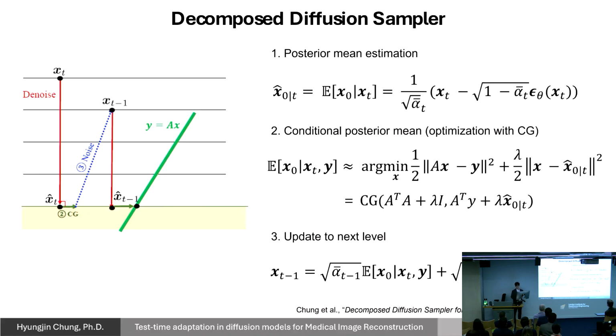It's called the decomposed diffusion sampler, where instead of doing gradient update steps, you try to approximate the conditional posterior mean through a proximal optimization problem, which is given in closed form, such that you don't have to backpropagate through a neural network, which makes this sampler usually much cheaper than DPS.